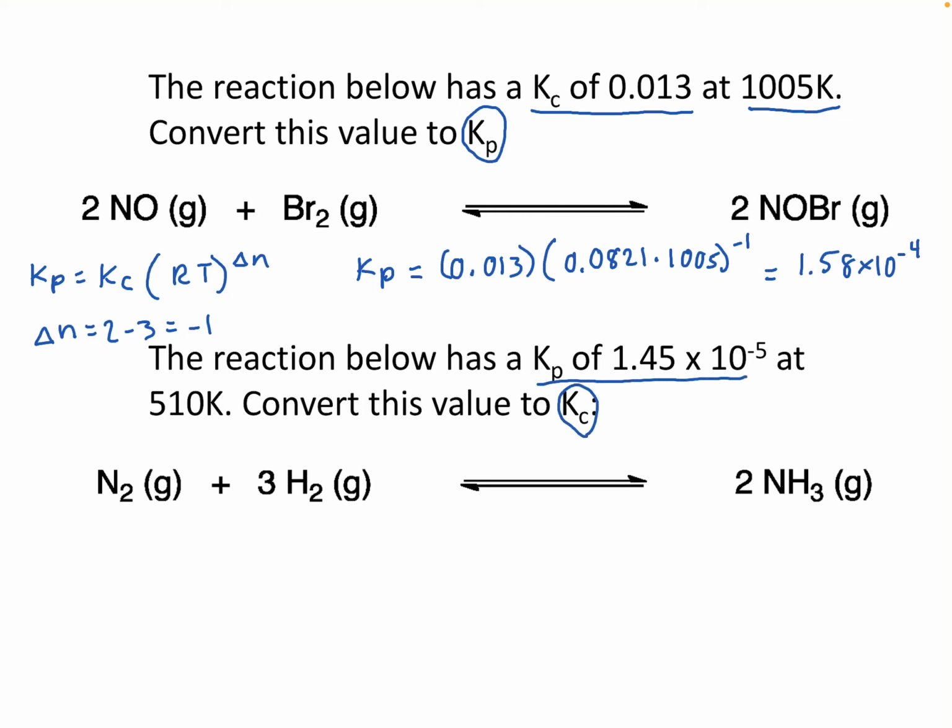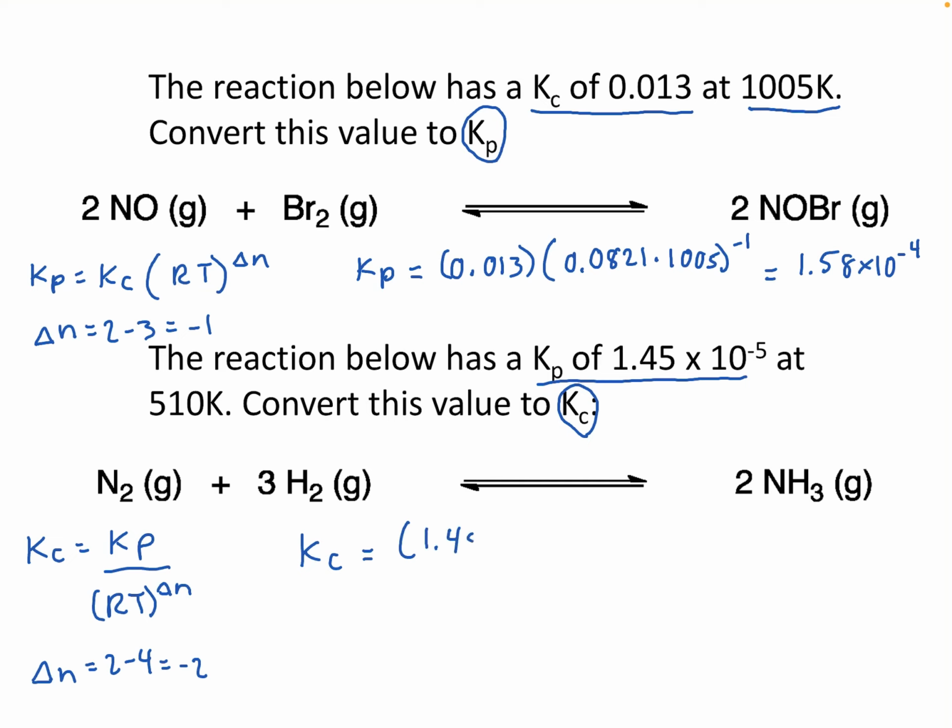All right, how about the next one? In this case, they give us Kp and they're asking for Kc. So things are going to change a little bit because it'll be Kc equals Kp divided by (RT)^Δn. Δn in this case, again, products minus reactants, everything's in the gas phase, so 2 minus 4, that's negative 2.